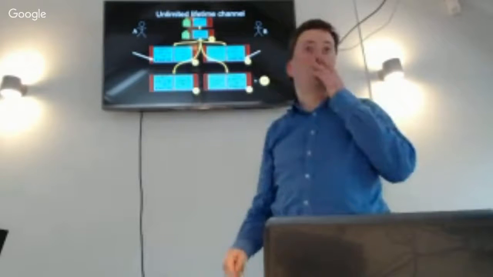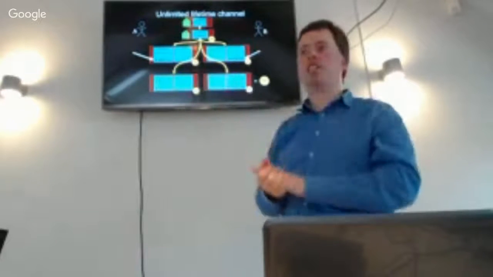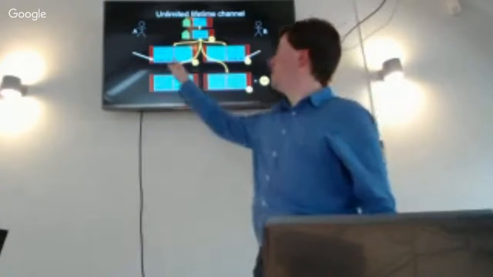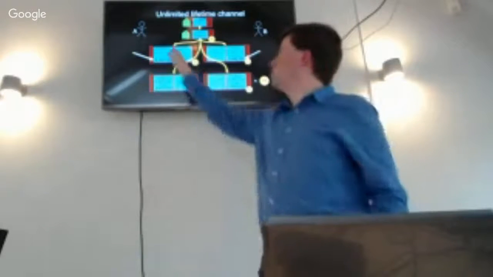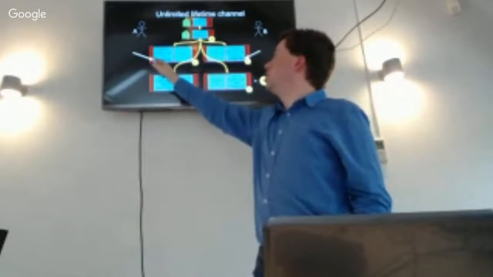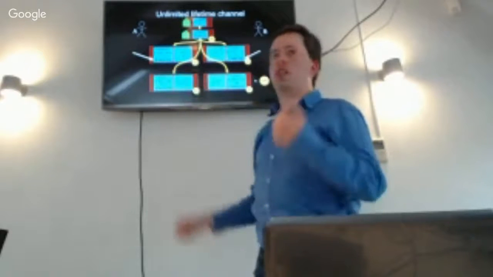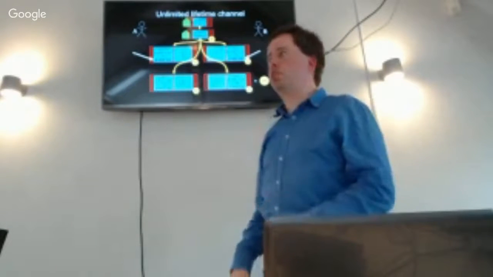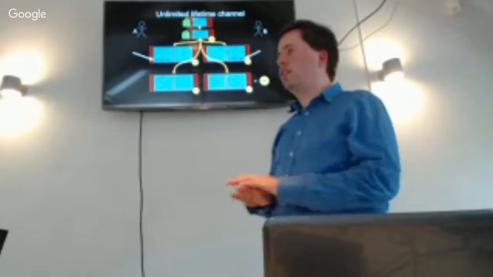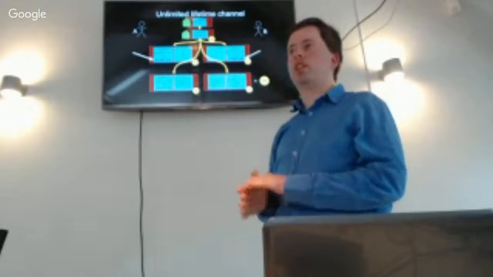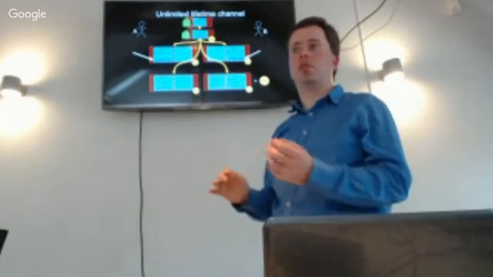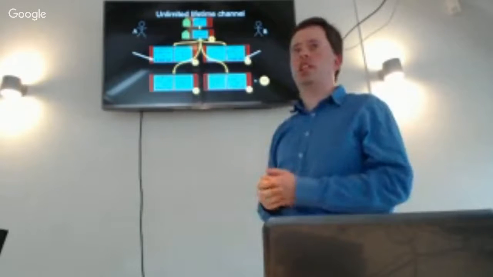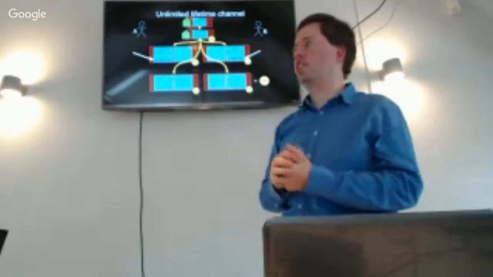So that's just a secret piece of data, and the hash of that data is included in this script. So in order to spend this output, Bob has to provide his own signature and that secret piece of data. Now, initially, Bob is not able to do that because he doesn't have that piece of data. It is a piece of data that is generated by Alice, and initially it's only known to Alice.